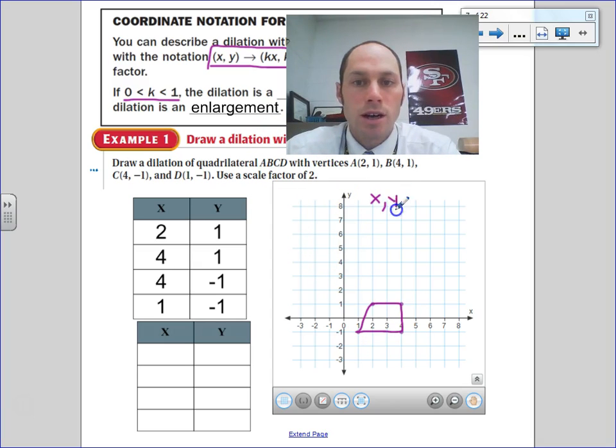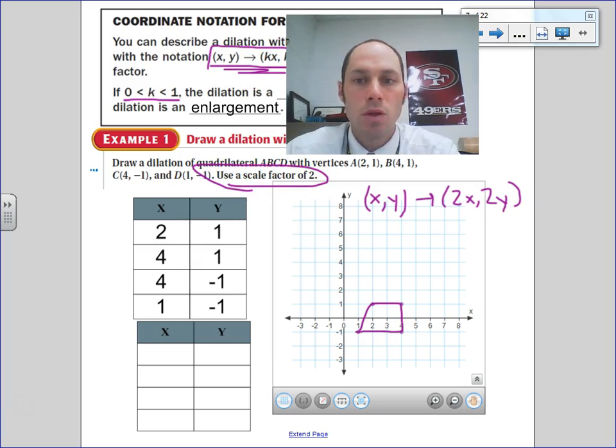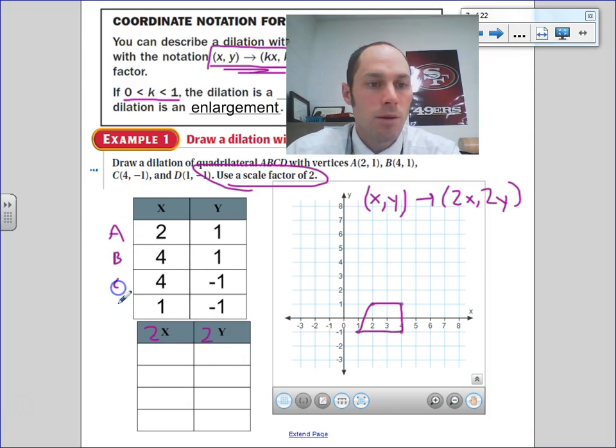Now, our coordinate notation we have is (x, y) arrow (2x, 2y) because we have a scale factor of 2, so we're doubling both the x and the y coordinates. So in our second table, we can just take the x's and the y's and double those coordinates.